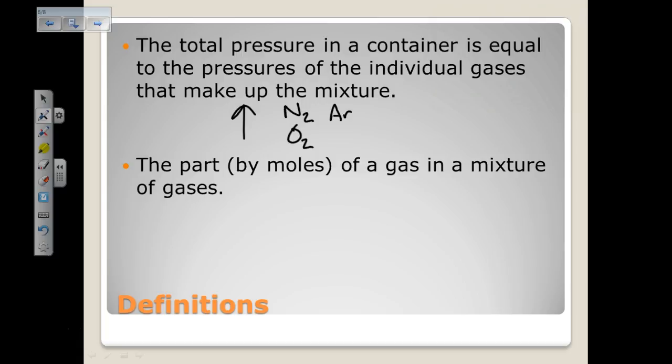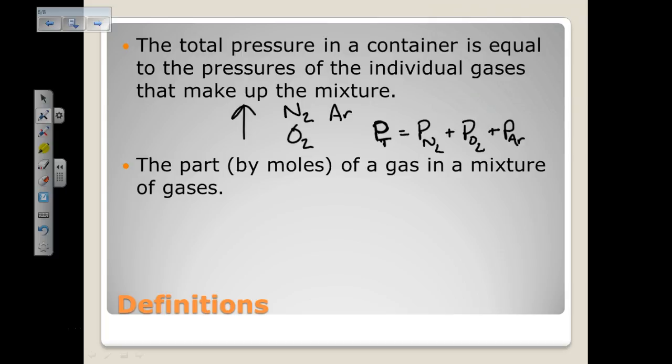So if we want to know what the total pressure is in the balloon, we can add up. We can say that the total pressure, P, T is for total, is equal to the pressure of nitrogen, plus the pressure of oxygen, plus the pressure of argon, or whatever happens to be in your mixture.